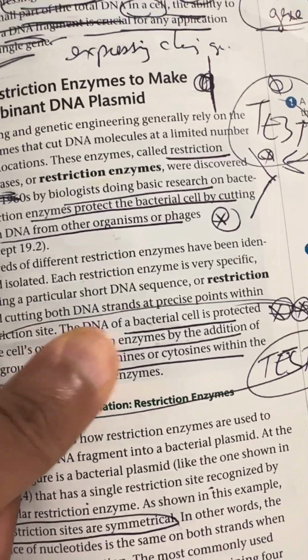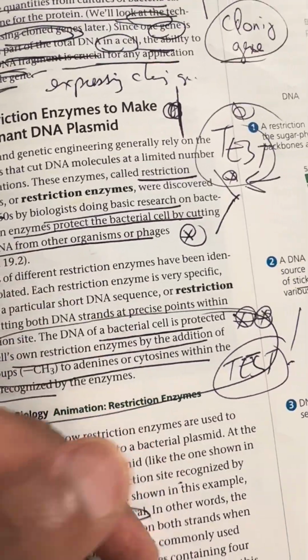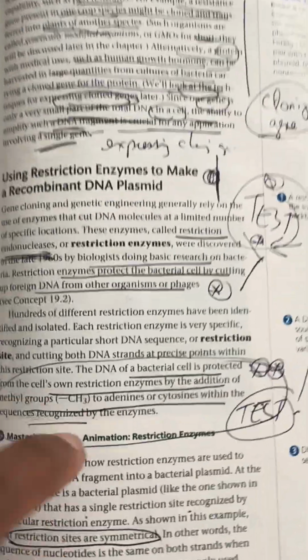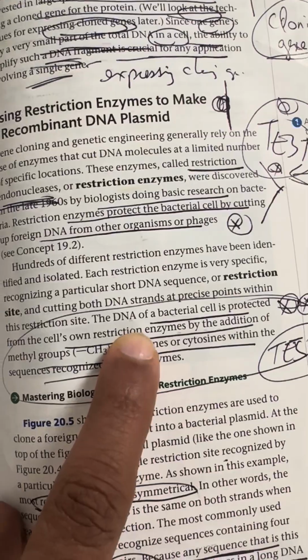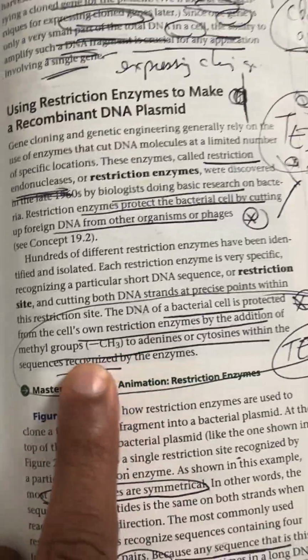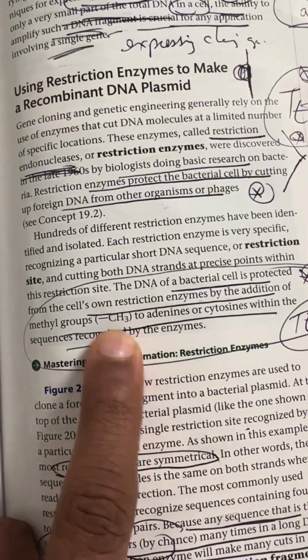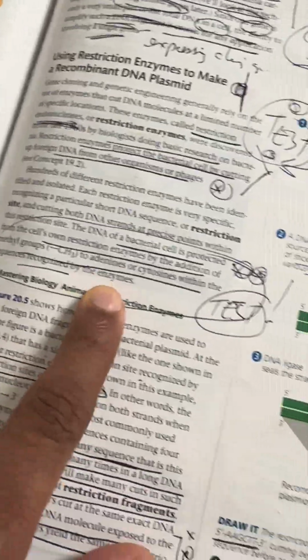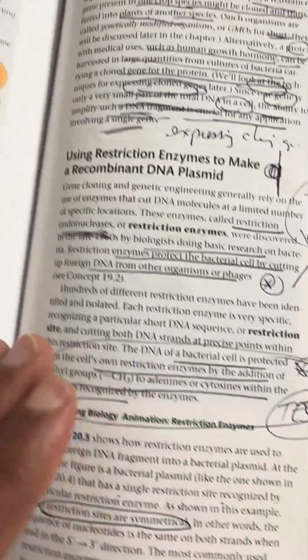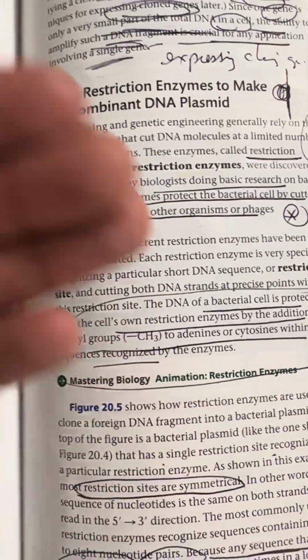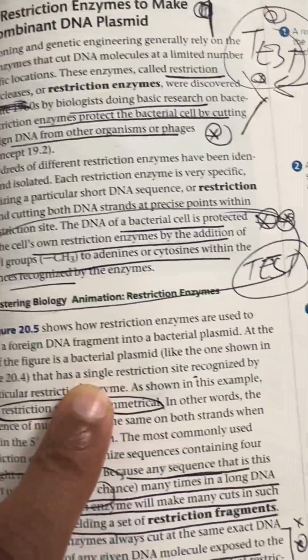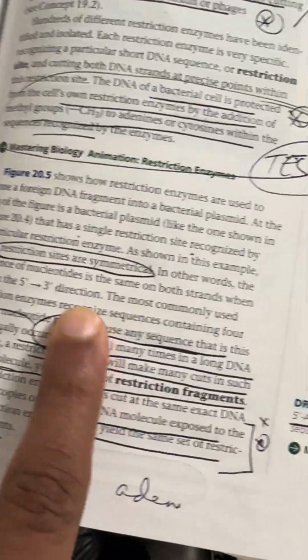So basically, the bacterium protects itself from its own enzyme, so the enzyme won't destroy its own DNA. How does it protect it? The CH3 methyl group is attached to the bases, and now it can't be cut. So it was an evolutionary development. It's genius, isn't it?